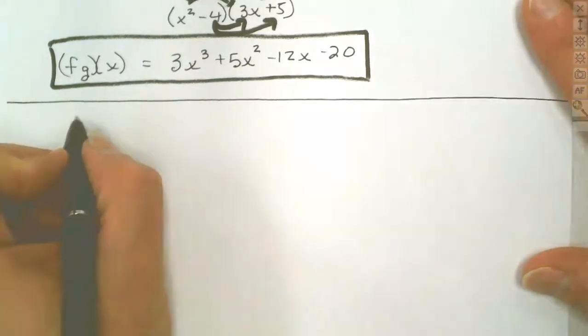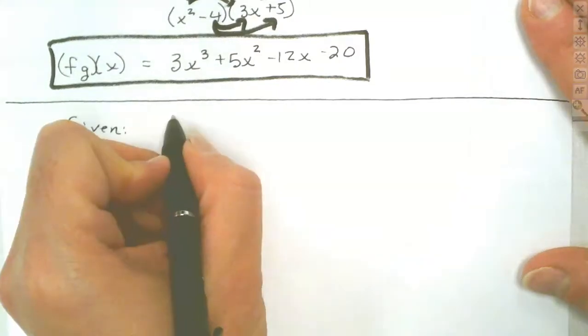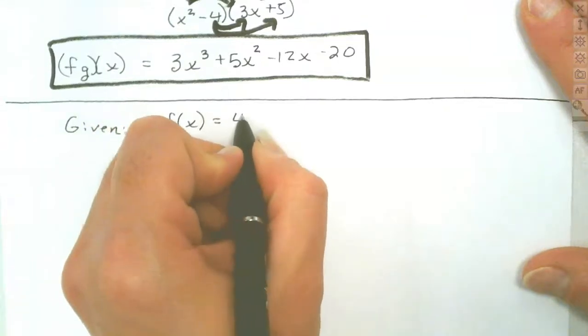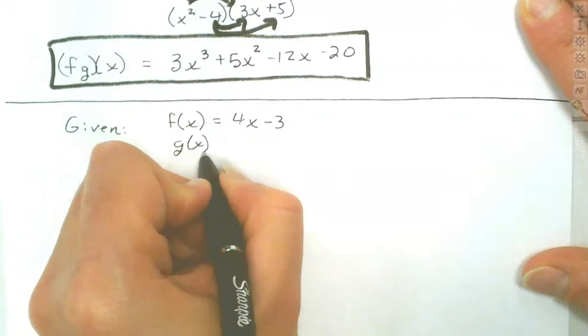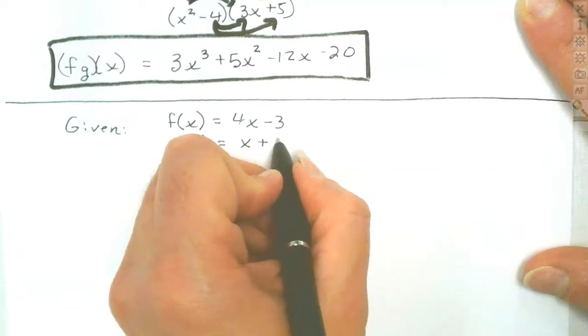So I'll give you two of these. We're going to be given two of these new functions. So how about f of x is 4x minus 3, and g of x is x plus 9.